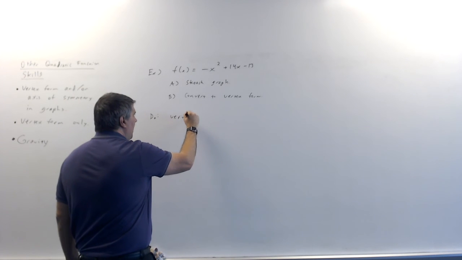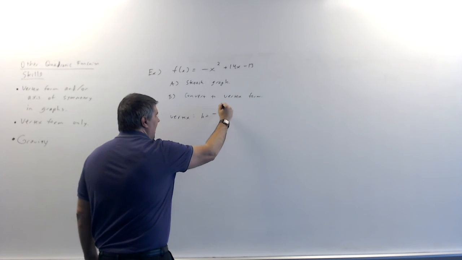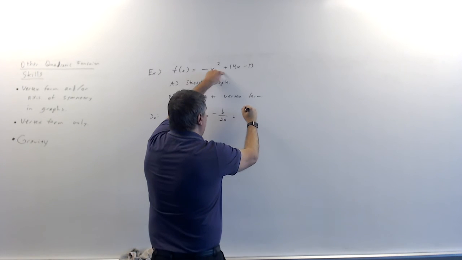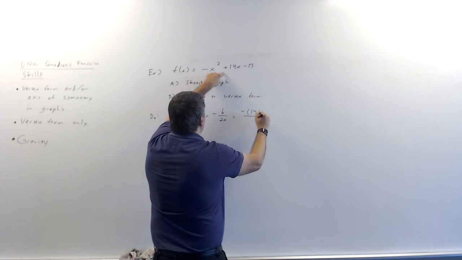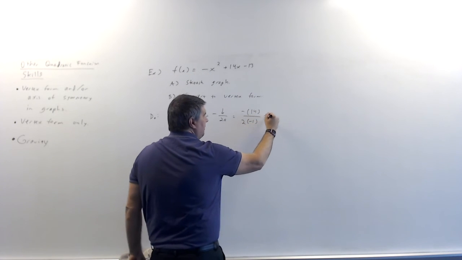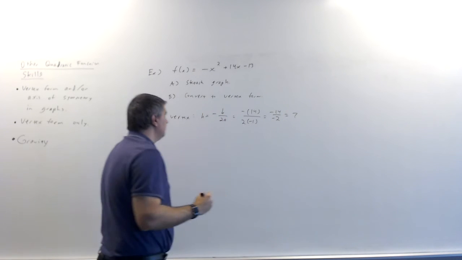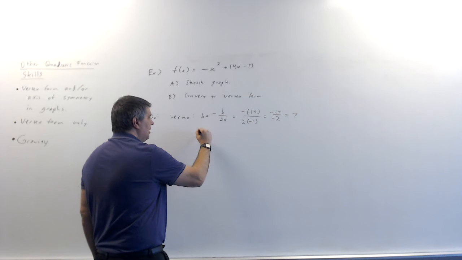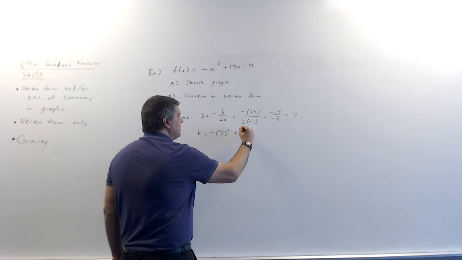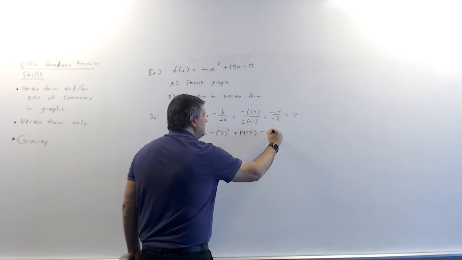First thing we would do, however, is find the vertex. h equals -b over 2a, which should be -14 over 2 times -1. So this will be -14 over -2, which is 7. k equals -7 squared plus 14 times 7 minus 13.